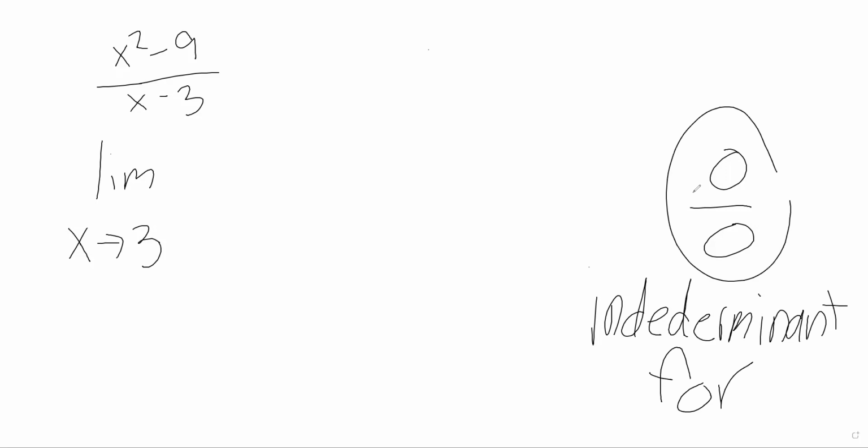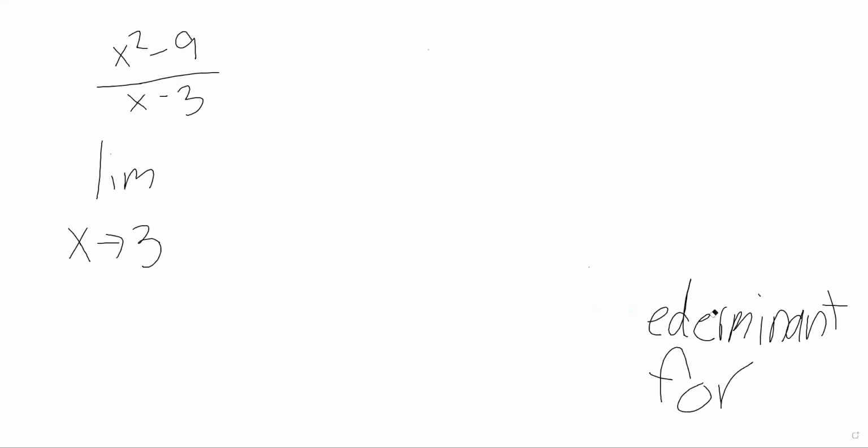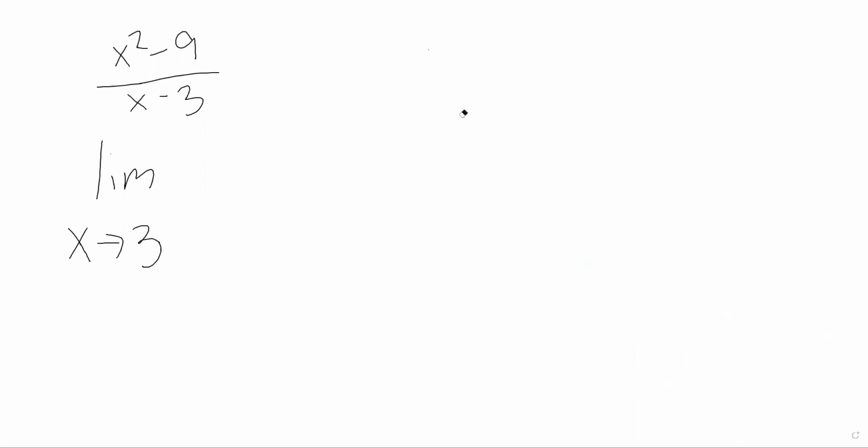That's an important term to know, because if somebody asks, why can't you have 0 over 0? You say because it's an indeterminate form, and you need to do something to manipulate the equation in order to get a different answer.